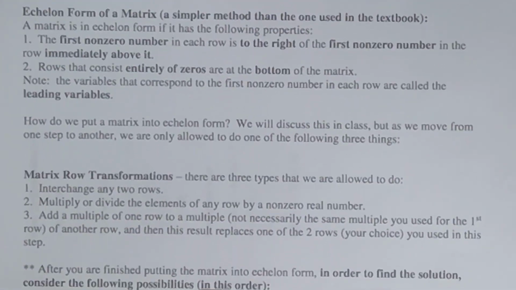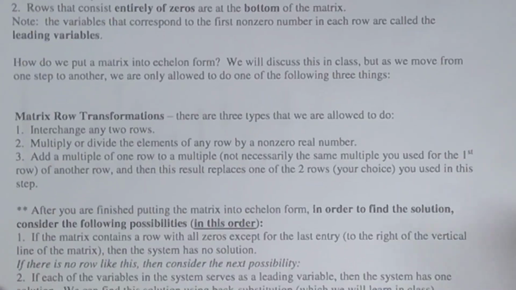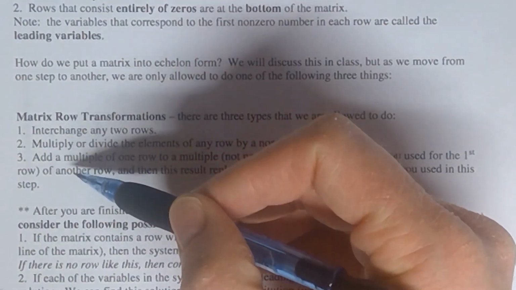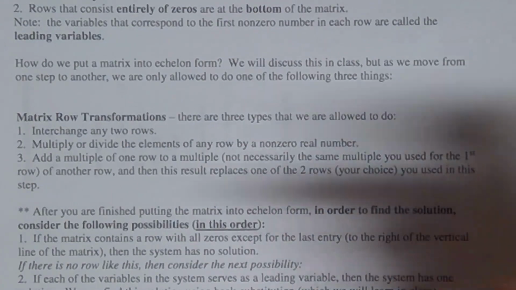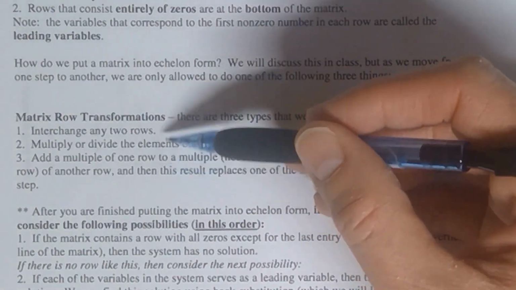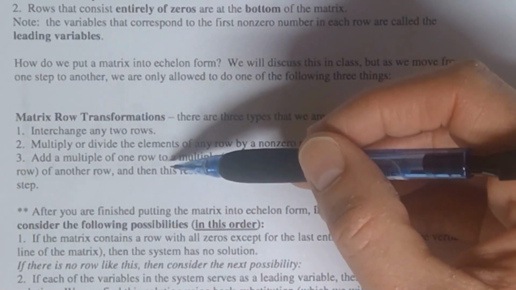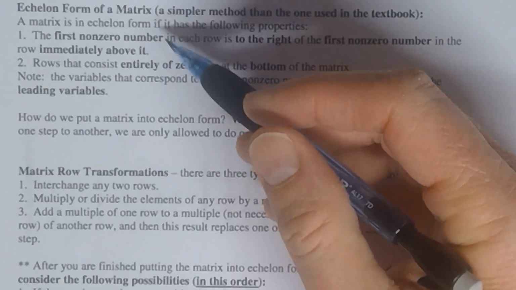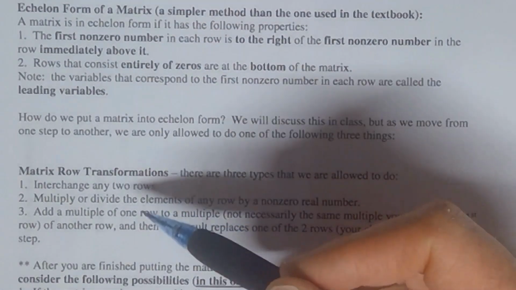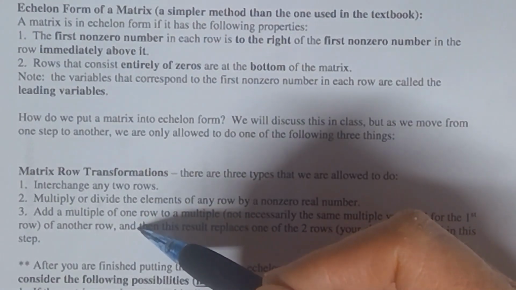What I do need to tell you right now, though, is these three things right here. As we do each step of these problems, we're only allowed to do one of these three things on any step. As you continue to manipulate this matrix until it ultimately is in this form up here, the echelon form, you're only allowed to do one of these three things.